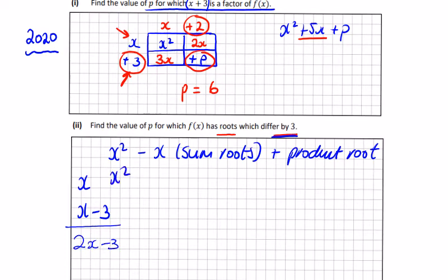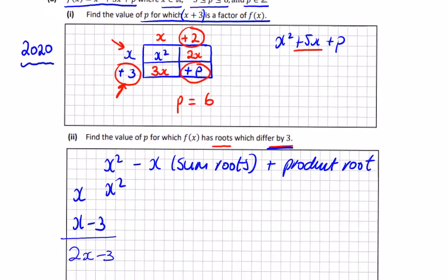So the sum of these roots is 2x minus 3. Our quadratic is x squared plus 5x, so it's minus x by minus 5. That's going to give me plus 5. So we're going to get 2x minus 3 is equal to minus 5, or 2x is equal to minus 5 plus 3, which is minus 2.